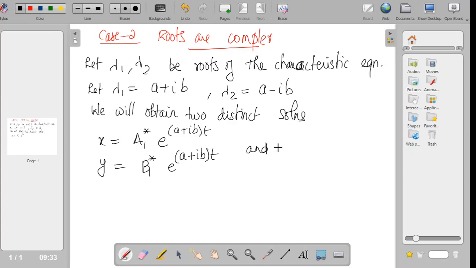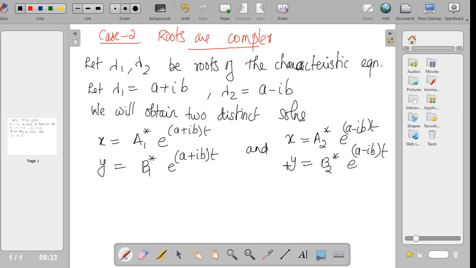The second pair of solution is x equal to a2 star e raised to a minus ib t, and y is b2 star e raised to a minus ib t. So here I will get the two sets of solutions corresponding to each one of the complex roots.